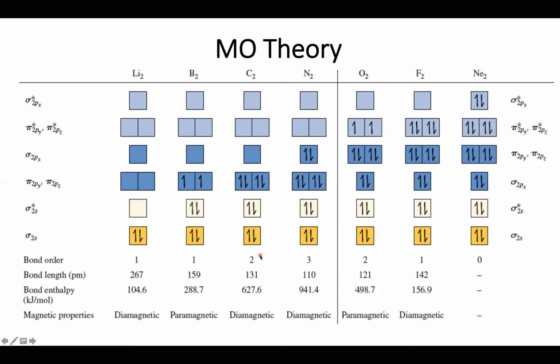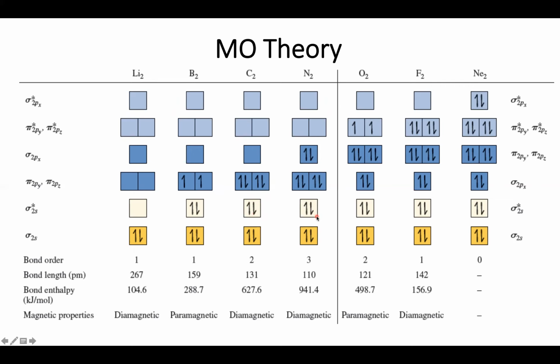Carbon has a bond order of 2, not the 4 you'd expect from Lewis theory. And so you have to actually pull some clever tricks to get a bond order of 3. Mostly you have to find a way to coax away these anti-bonding electrons into, say, a carbon-carbon bond or a carbon-hydrogen bond, like we see with alkynes.